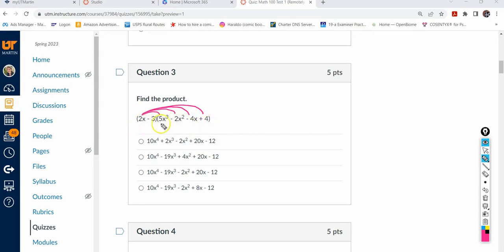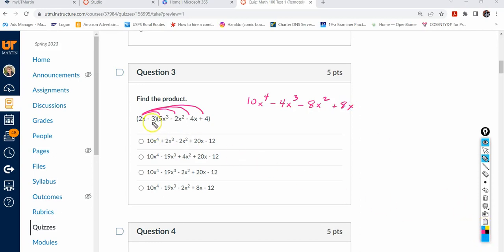So 2x times 5x cubed is 10 x to the 4th. 2x times negative 2x squared is minus 4x cubed. 2x times negative 4x is minus 8x squared. And 2x times 4x is plus 8x.